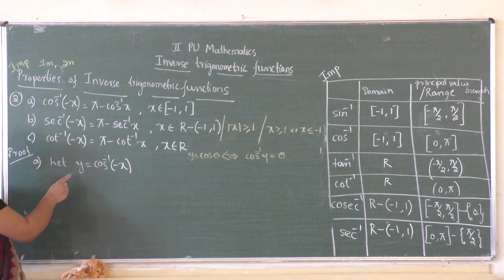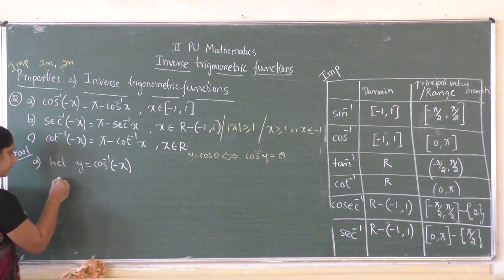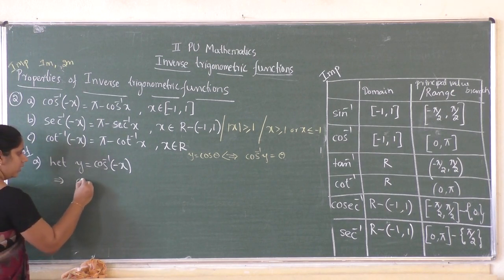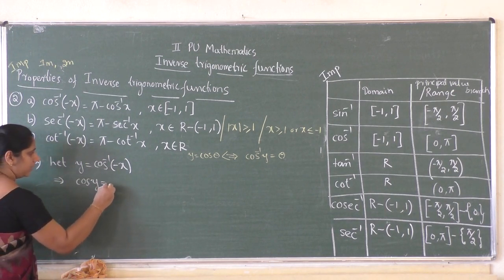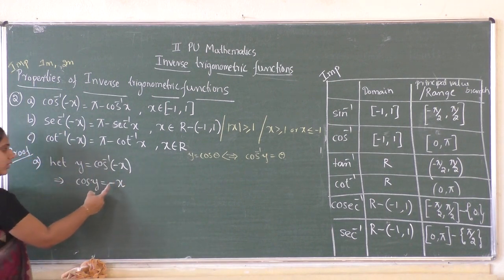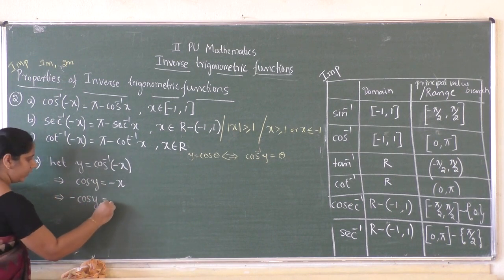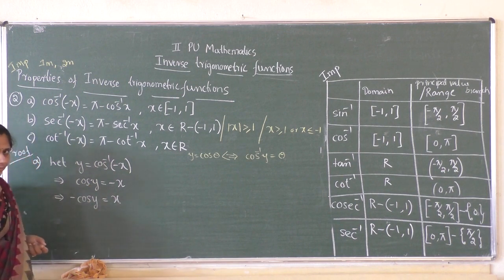So if y equal to cos inverse of minus x, what we can do? Cos y equal to minus x, right? Now we have to take this minus to the left side, that is minus cos y equal to x.